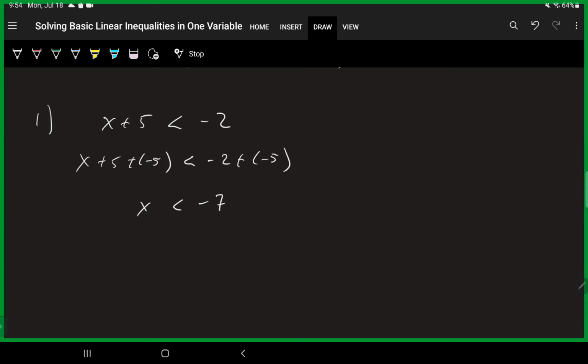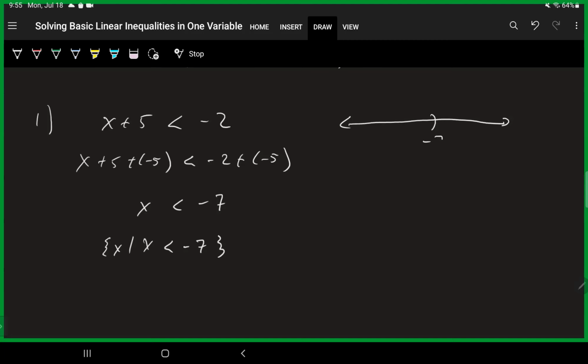So that is solved. I solved that inequality statement. If I want to put it in set builder notation, all I have to do is put that fancy window dressing on it: x, such that x is less than -7. That's it for set builder notation. Graphing a lot of times is a little bit easier than coming up with the interval for a lot of people, especially when we're getting started. So I'm going to look at -7. So x is less than -7, so that means it's going to the left of -7.